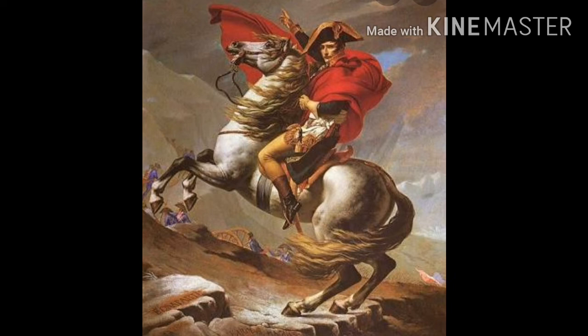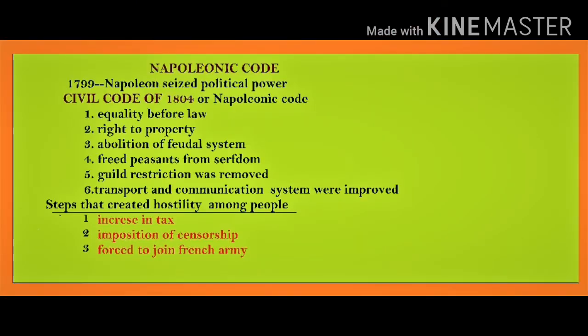These revolutionary measures are known as the Napoleonic Code or the Civil Code of 1804. So, what were the steps taken by Napoleon under the Civil Code? Let's learn. The first point is to establish equality before law.